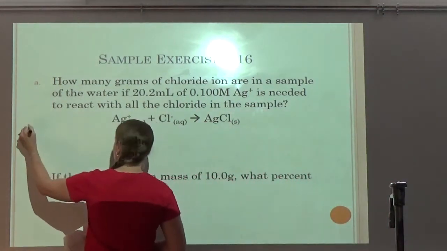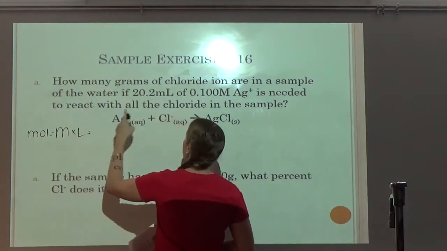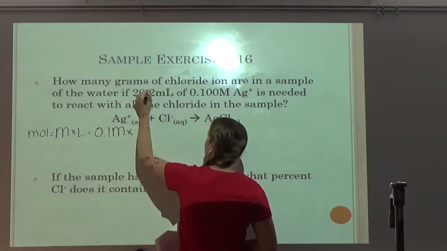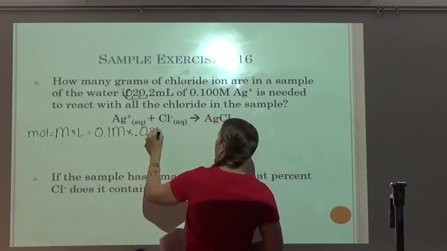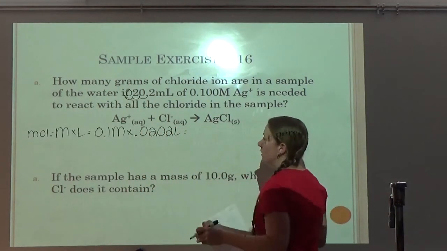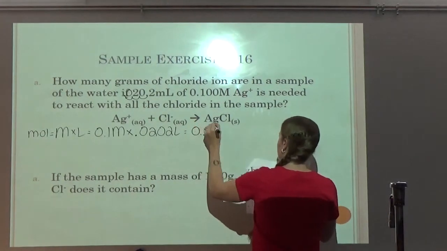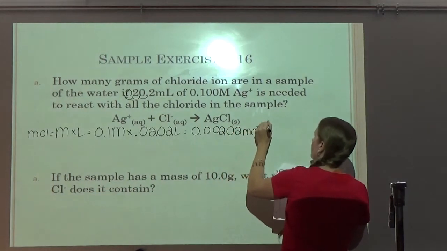Remember, moles is my molarity times my liters. My molarity is 0.1. My liters, remember, don't forget to move that decimal, is 0.0202. Once I multiply, I got 0.00202 moles for my silver.